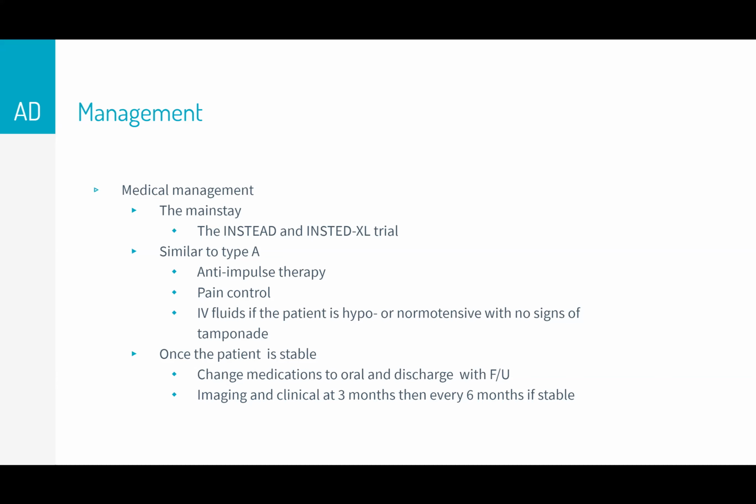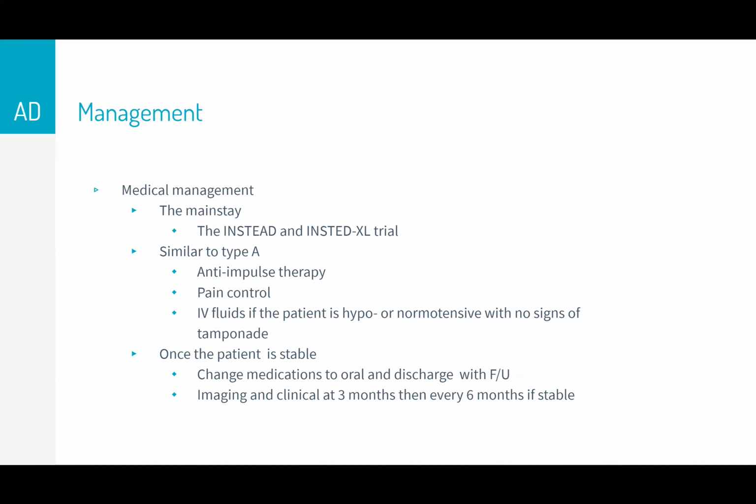Favorable aortic remodeling was seen in the endovascular treatment group. 91% of them had favorable remodeling, while 19.4% in the medical. In the NSTED Excel, which is a 5-year follow-up, there was also no difference in the all-cause mortality: 11.1% in the endovascular and 19.3% in the medical.